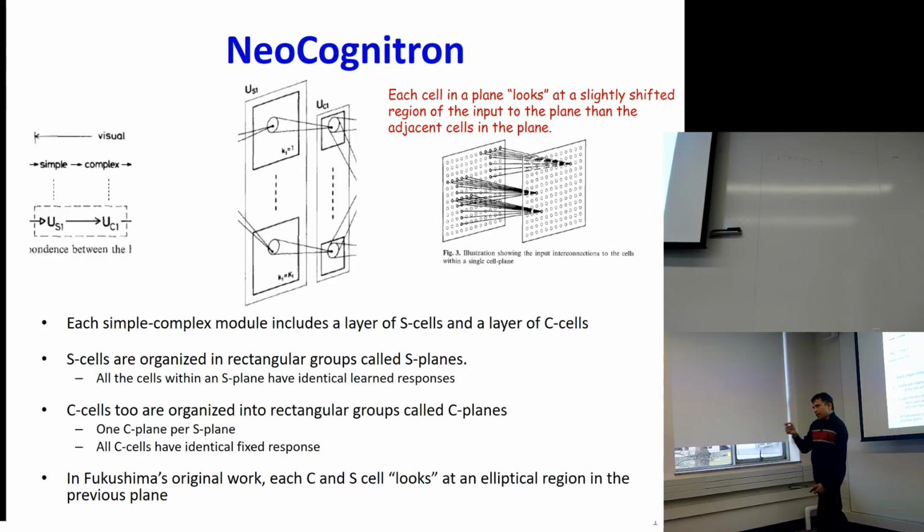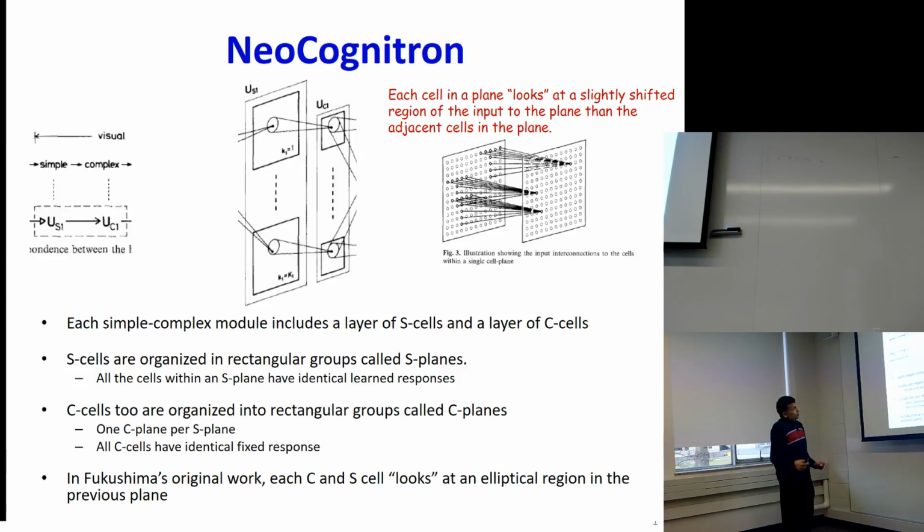And here's the key part. Within an S plane, all neurons have exactly the same response. C cells are similarly organized into C planes, and now there's one C plane per S plane, and once again, within any particular C plane, all cells have the same response.